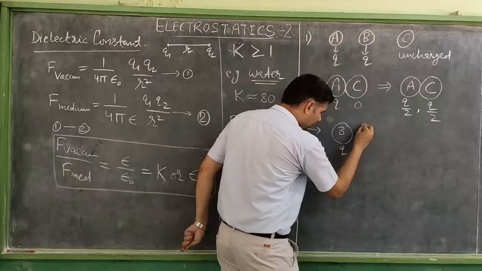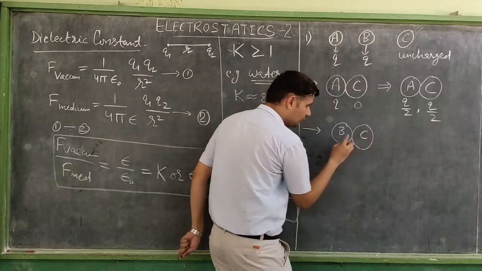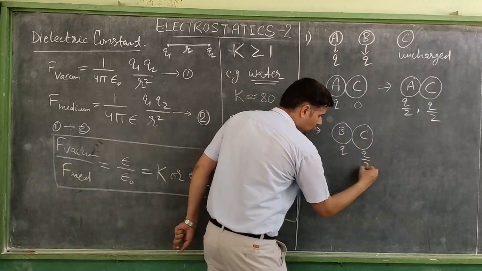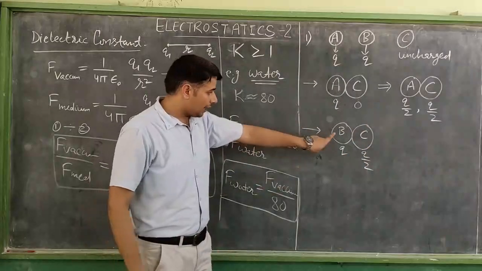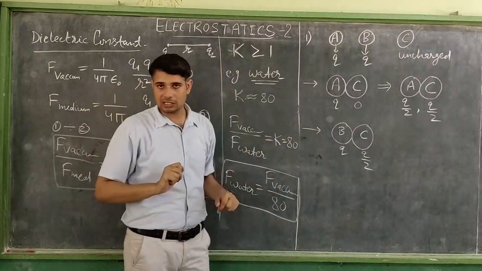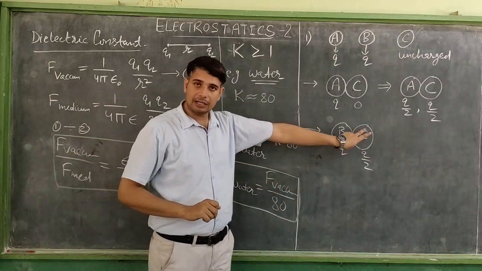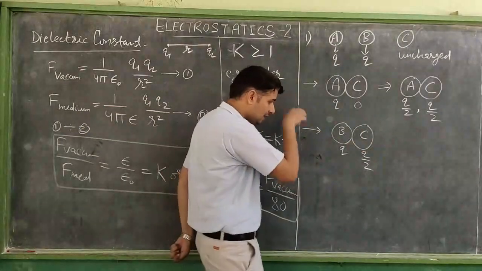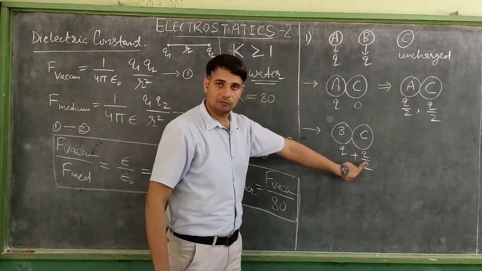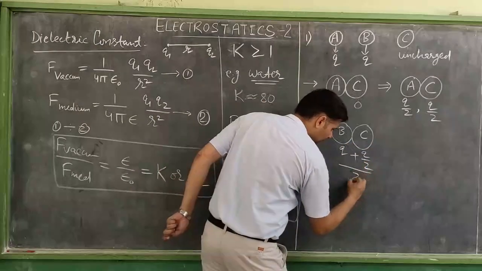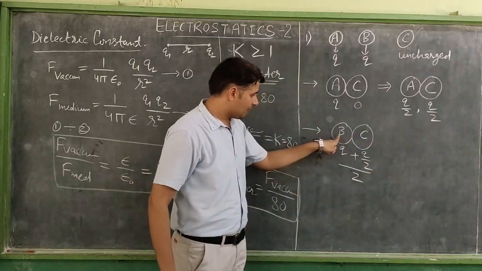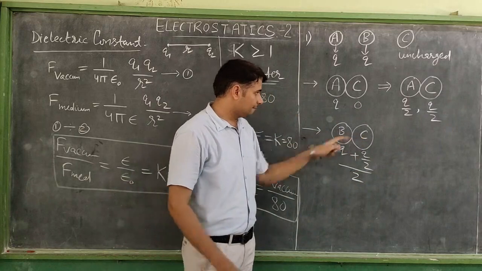So I have put C in physical contact with B. Again use the property that whenever metal spheres are put in physical contact with each other, they share the electric charge equally. Now we have total charge Q plus Q by 2, divided by 2. This charge should be equally shared between the two metal spheres B and C.